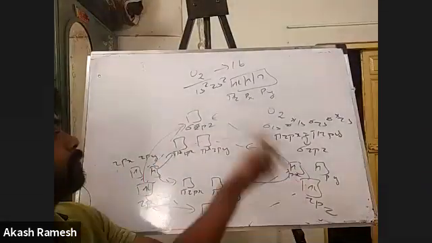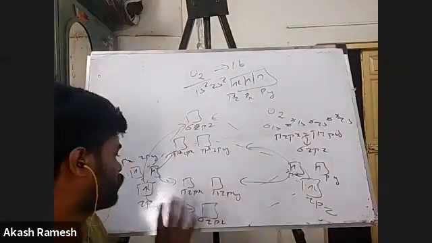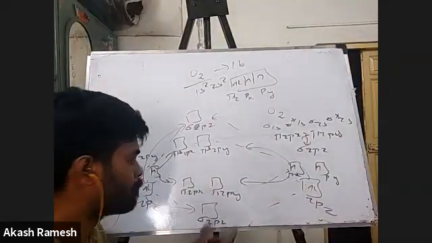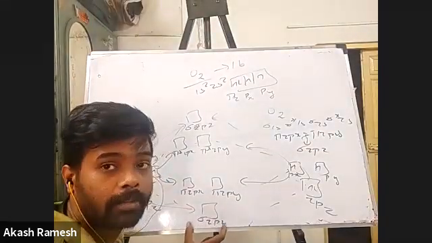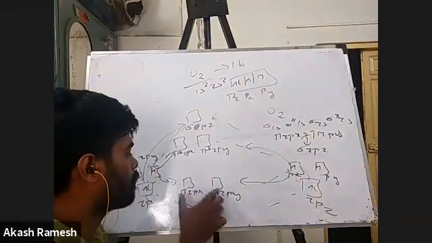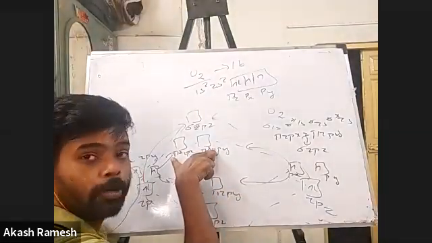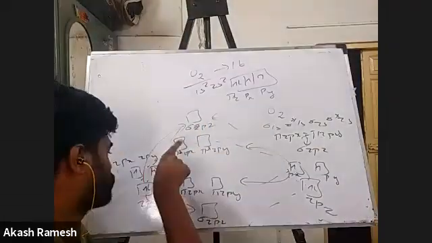I don't have a proper marker, I'll write. Anyway, please understand that pz and pz will combine together to form sigma 2pz and sigma star 2pz. And px and py will combine together to form pi 2px and pi 2py and pi star 2px and pi star 2py. This has to be shown, people.